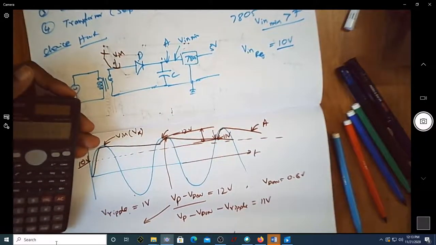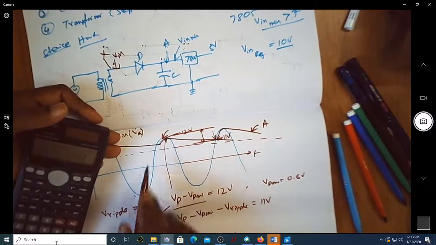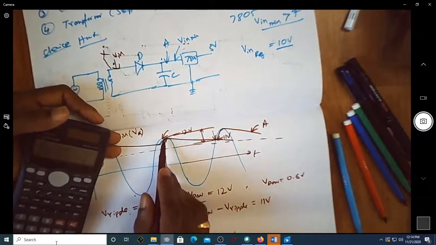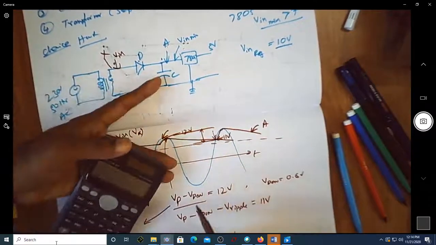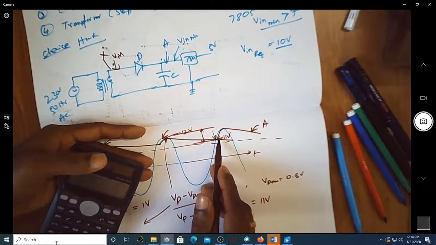If it is 12.6, then with minus 0.6 I'll go to 12, and with the appropriate capacitor it can give a ripple voltage of 1 volt, which will come down to 11.